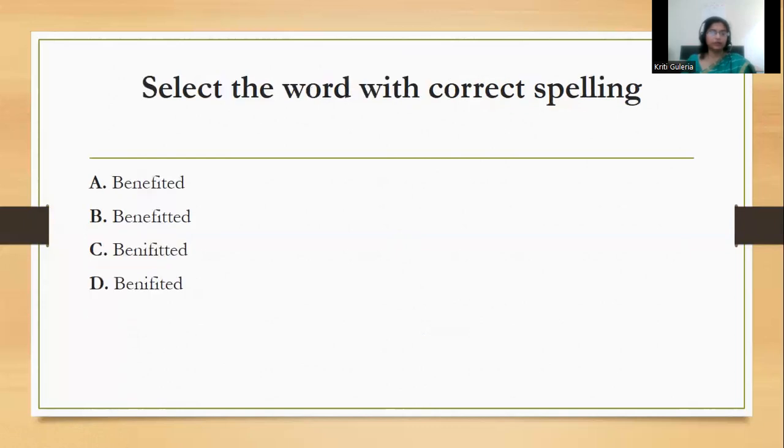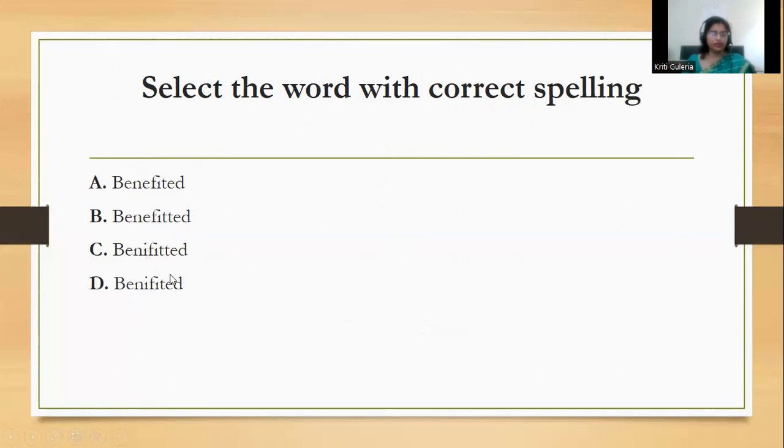Next, select the word with correct spelling. Benefited. Now, there are four benefited words being given to you. You have to identify which word is correct. Just look into the base word, benefit, and you have to add the suffix ed to it, right?